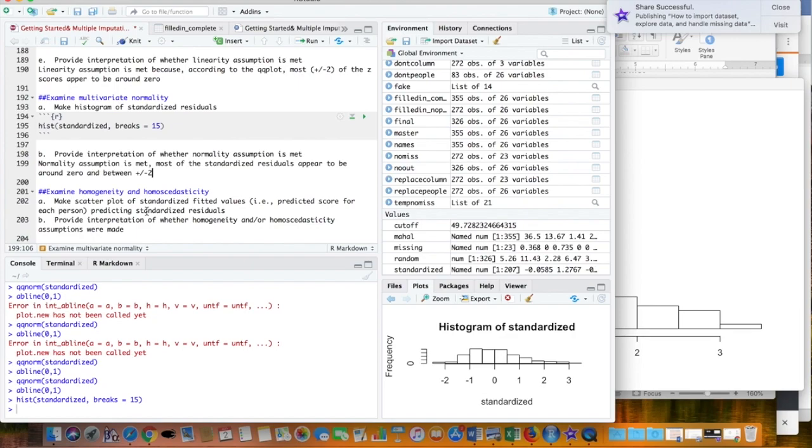When I show you a picture in a bit, hopefully that'll make a little more sense. So first of all, we want to make a scatter plot of standardized fitted values, which are basically the predicted scores for each person, predicting the standardized residuals.